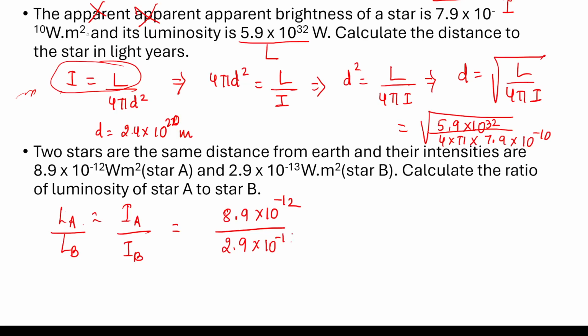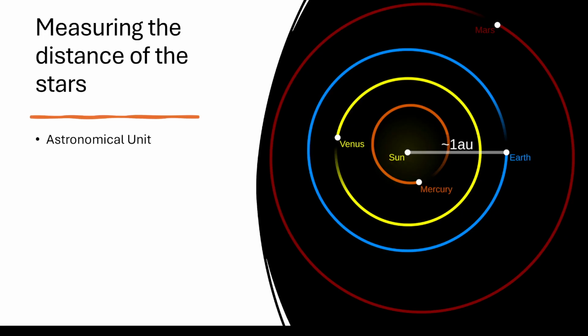Using my calculator, this is 8.9 divided by 2.9, which is approximately 30. So the ratio is not 30, it's 31. So 31 times.